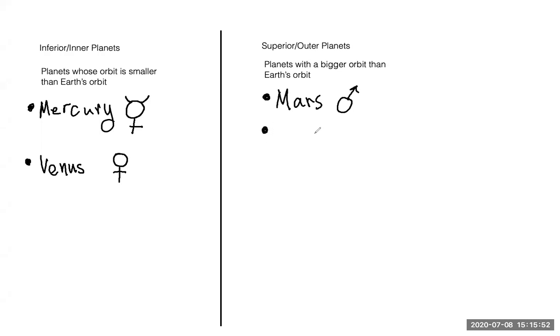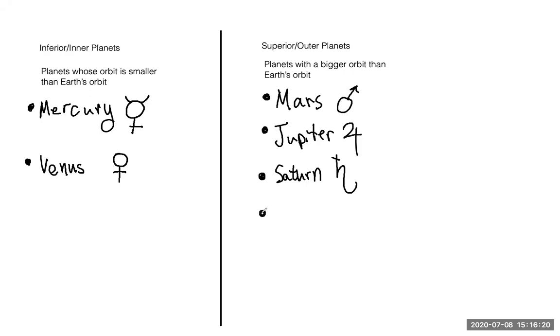So after Mars comes Jupiter, and Jupiter's symbol looks a bit like a 4 or a 21. Then we have Saturn, and Saturn's symbol looks like an H with a crossbar on it. That crossbar is too long. It's actually supposed to be pretty short, like that.